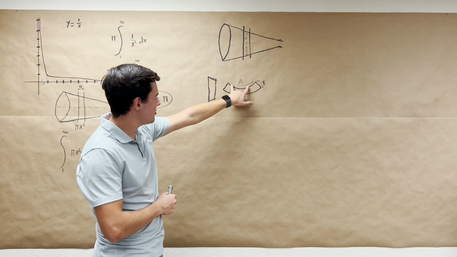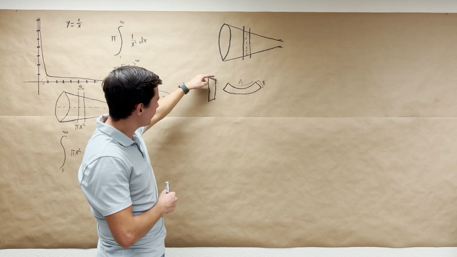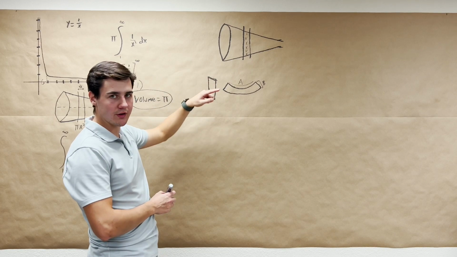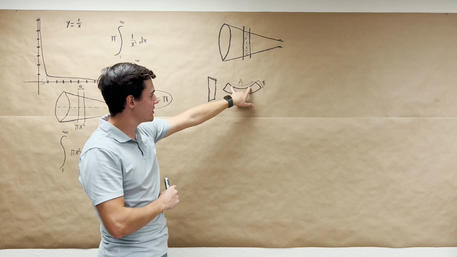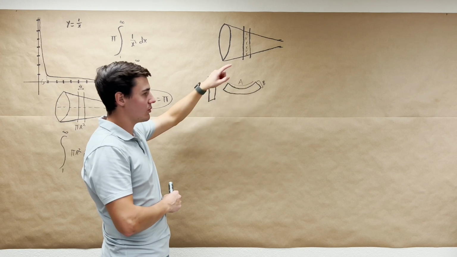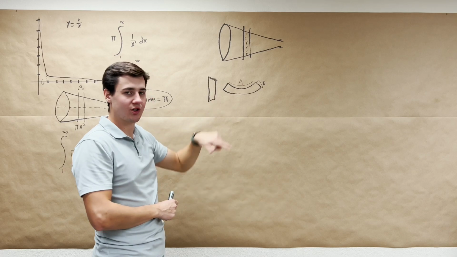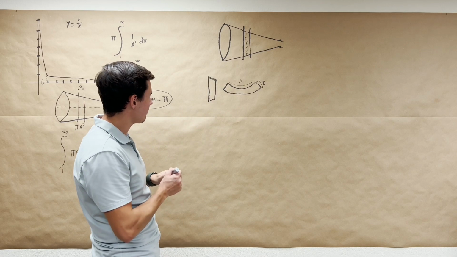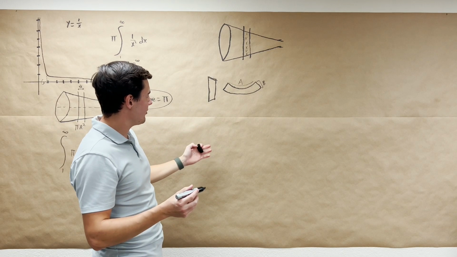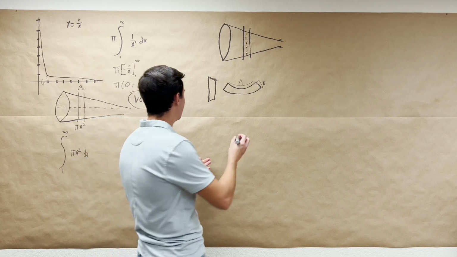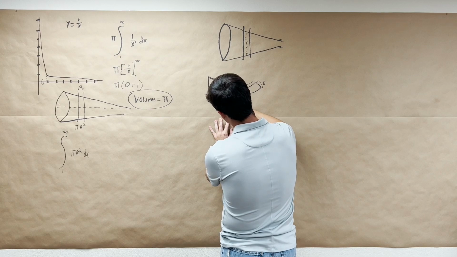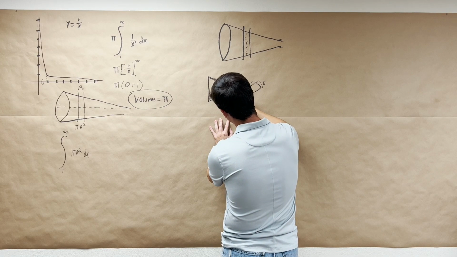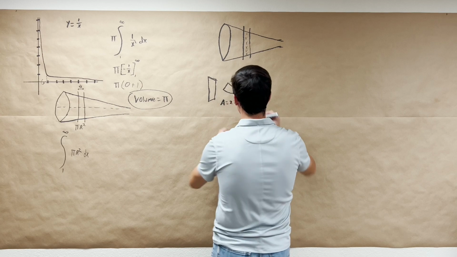And A is just going to be the circumference around our horn. So if we were to curl this back up, we would just get a circle. And this length A is the circumference of that circle. So the circumference of a circle is just 2 pi r. So we know that A equals 2 pi r.